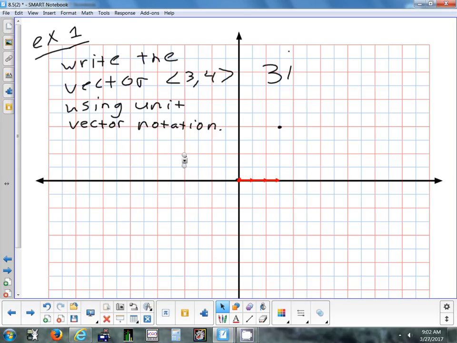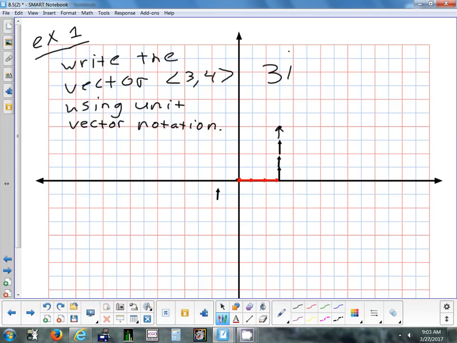Let me see if I can make some copies. These won't be on the axis, so you should be able to see them. It's a lot easier if you have your mouse. All right, so let's just take 1, 2, 3, and 4.